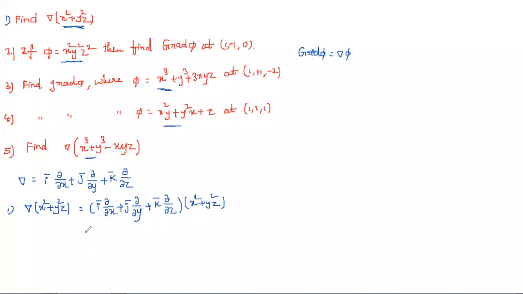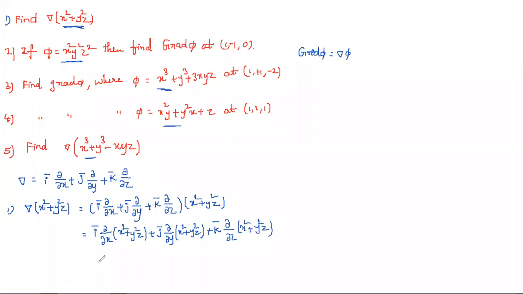We are applying partial derivatives. With respect to x, y and z are constants. So i into dou by dou x of x square plus y square z, plus j into dou by dou y of x square plus y square z, plus k into dou by dou z of x square plus y square z.